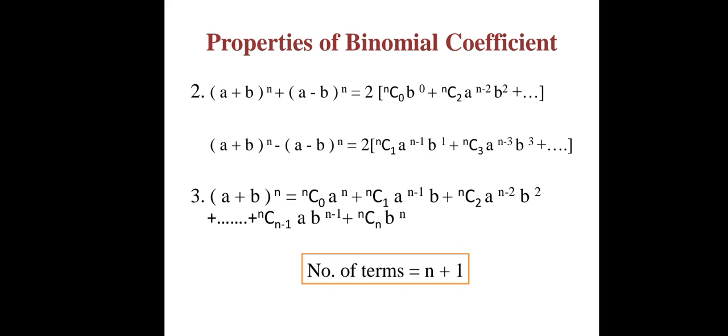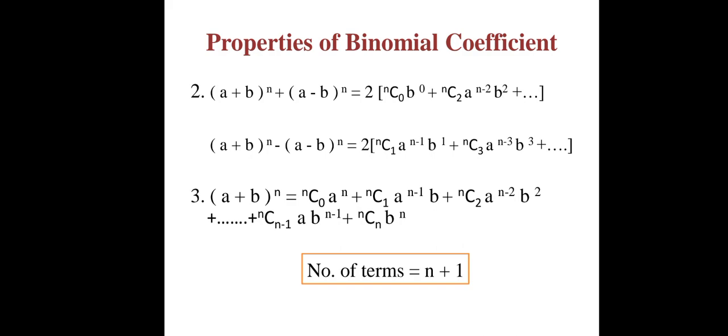That is, a plus b whole raised to n plus a minus b whole raised to n equals, here all the odd constants will cancel each other, but the even ones will remain the same. We get 2 times the bracket nC0 a raised to n b raised to 0 plus nC2 a raised to n minus 2 b raised to 2.